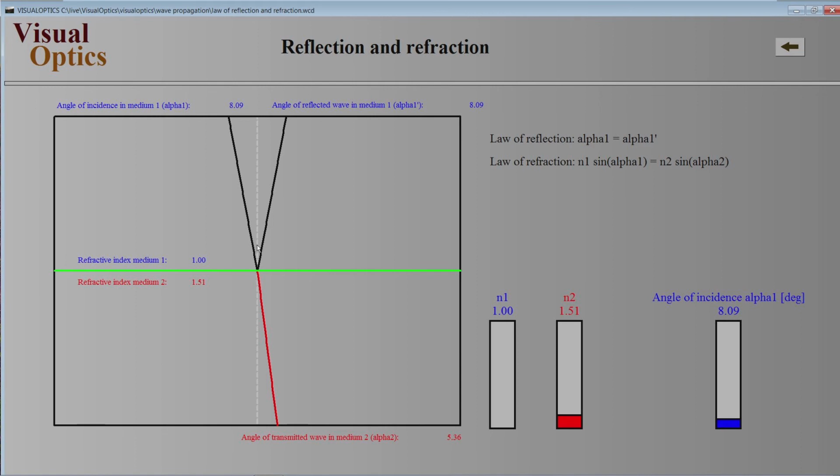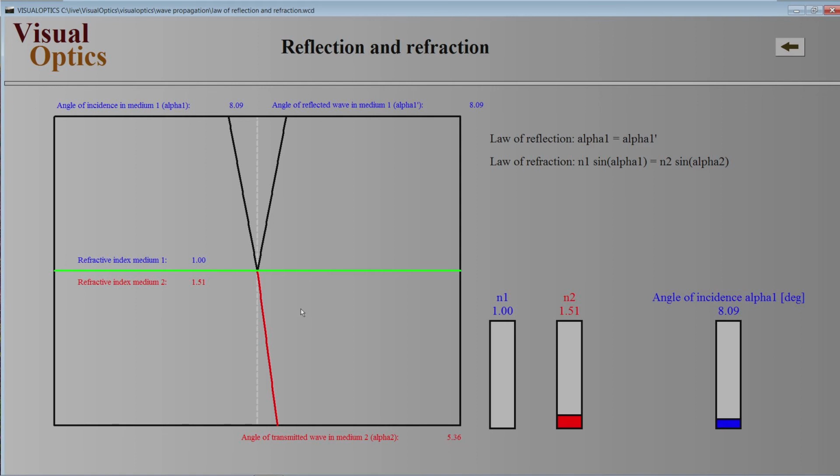What we find is the angle of the reflected wave here is also 8 degrees between the surface normal, but of course the reflected light is on the other side of this plane here. The transmitted beam does not show up at 8 degrees with respect to the surface normal, but it's a smaller angle.